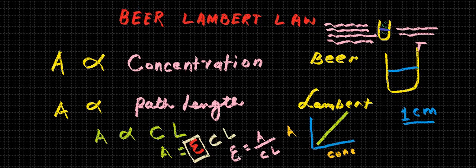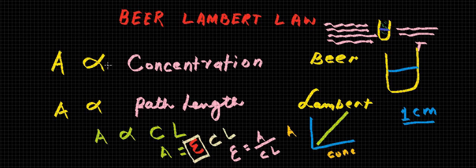So the epsilon value can also be defined as the absorbance of a solution whose concentration is unity, like 1 mole per liter, and its path length is also unity. Accordingly, the units for epsilon will be according to the units of concentration and path length.